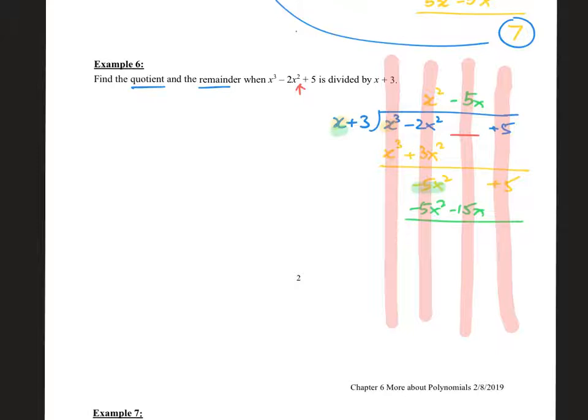After that, be careful, it means 0 here, but 0 minus 15x gives you 15x afterward, and 5 minus 0 gives you 5.